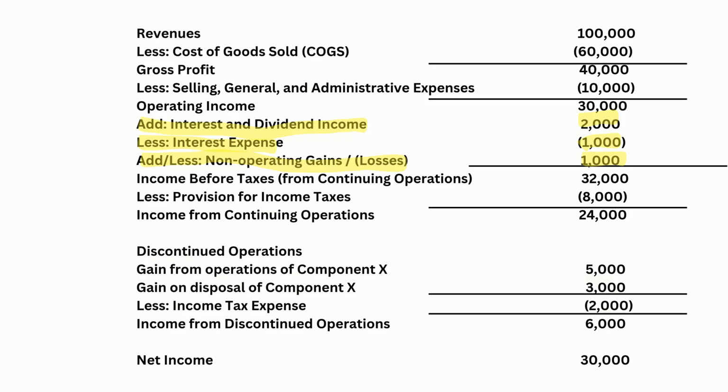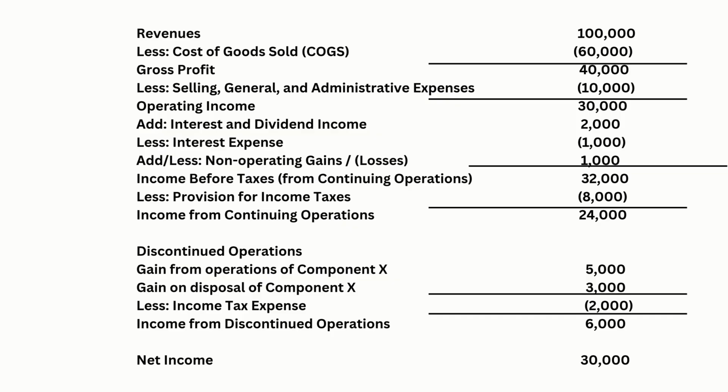Now we add or subtract items that are outside day-to-day operations. Example: suppose we earned $2,000 interest from a bank deposit. We paid $1,000 interest on a loan. We also sold some old equipment and made a $1,000 gain. Adding and subtracting these gives us $30,000 plus $2,000 minus $1,000 plus $1,000 equals $32,000, which is income before tax.